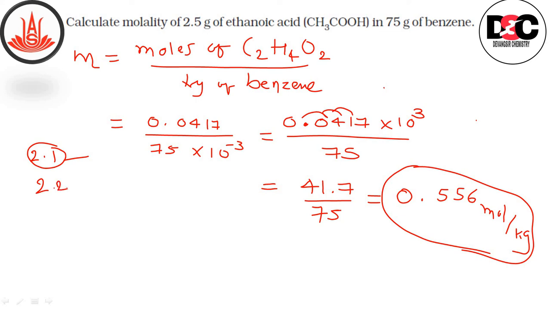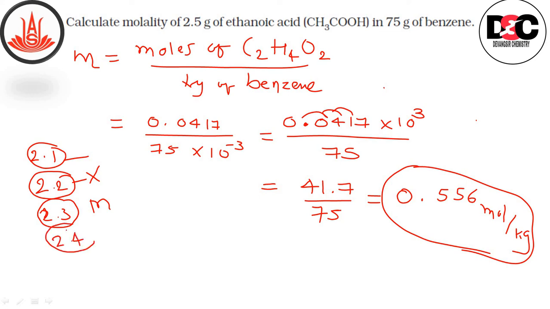Then 2.2, calculate the mole fraction, that is also we have done. Then 2.3, calculate the molarity, that is capital M. So that is also we have done, how to calculate the molarity.